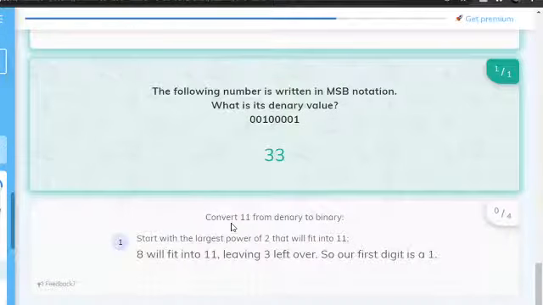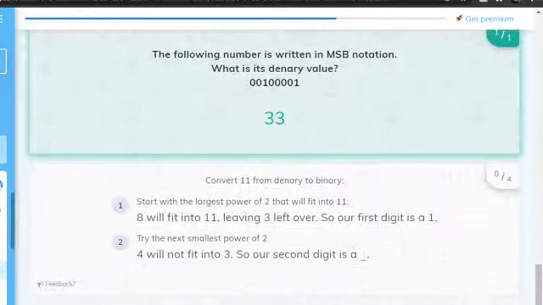Convert 11 from denary to binary. That's just easy, isn't it? Starting with the largest power of 2 that will fit into 11, that is 8, leaving 3 left over. So our first digit is 1. Try the next smallest power of 2. 4 will not fit into 3, so our next digit is 0. I don't actually know what this is trying to do. I'm so confused.